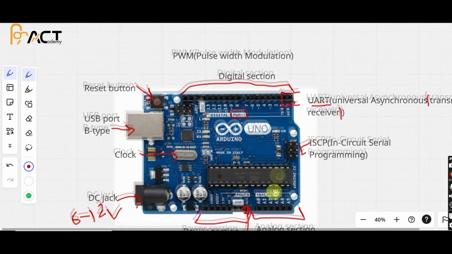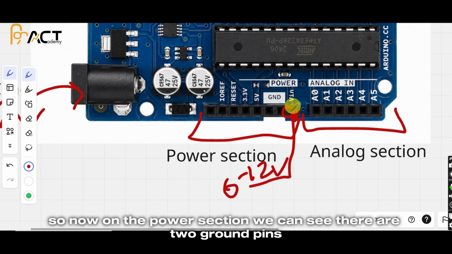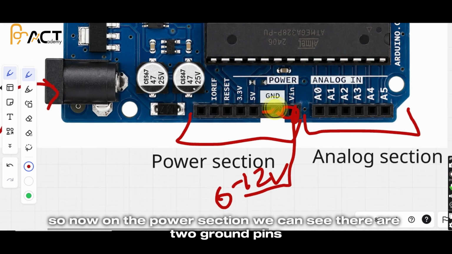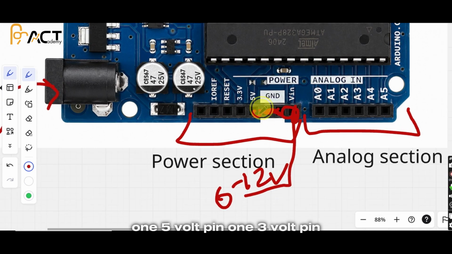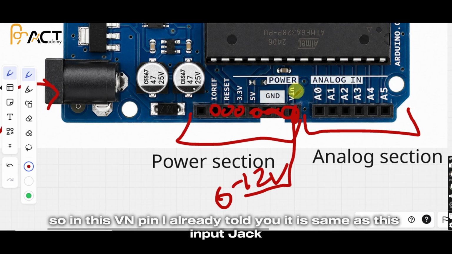Now in the power section, we can see there are two ground pins, one 5 volt pin, one 3.3 volt pin, one reset pin, and one IOREF. The Vin pin, I already told you, is the same as this input jack.